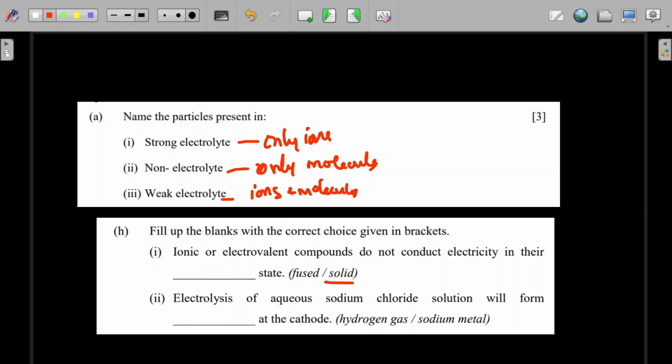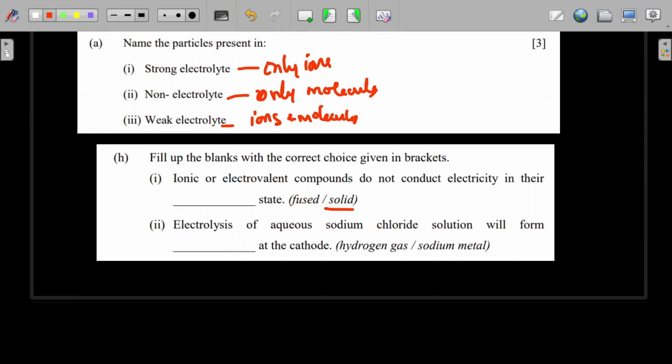Okay, Vanishika, tell me what is the answer for this? Electrolysis of aqueous sodium chloride solution will form sodium metal or calcium? What I told you, remember? Sodium metal you will never get if there is water.